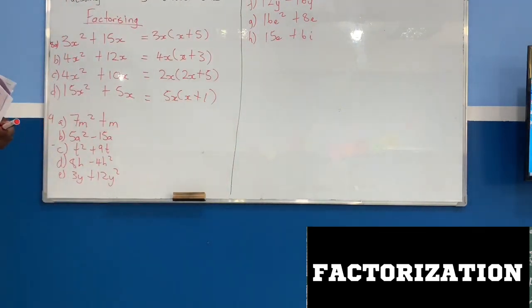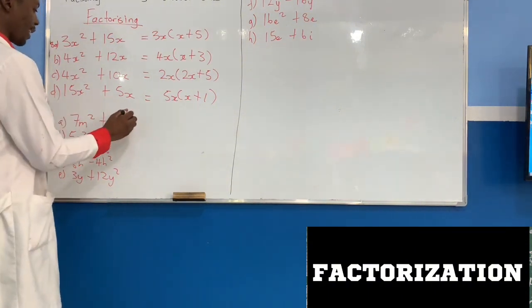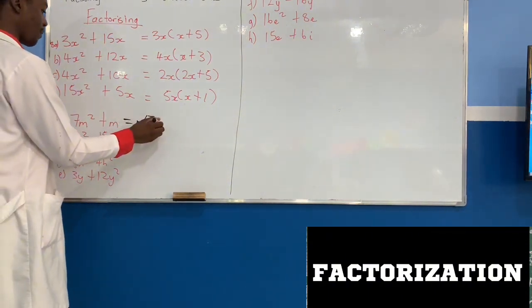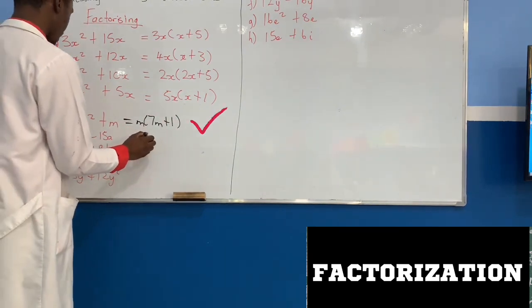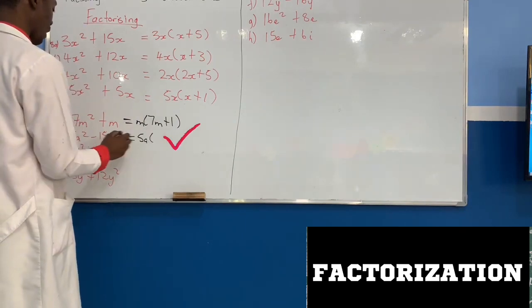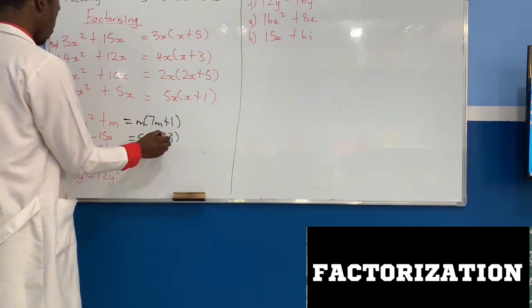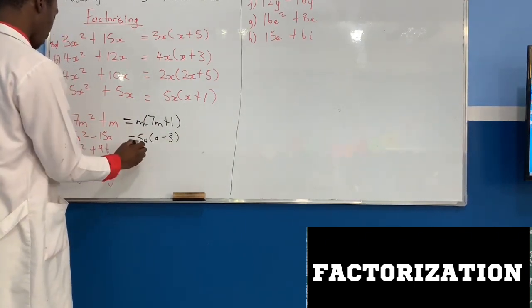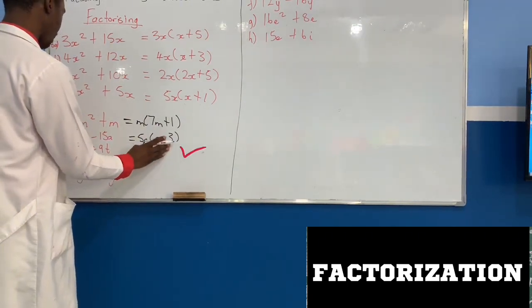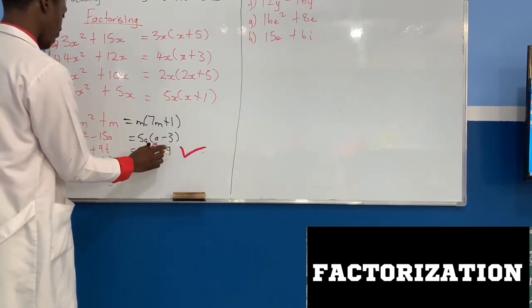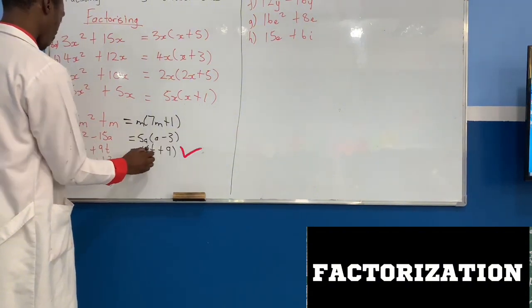So this was a very simple exercise. Give yourself 1 mark for each correct answer here. The common factor here was m bracket 7m plus 1. Second one was 5a, bracket a minus 3. The third one was t bracket t plus 9.